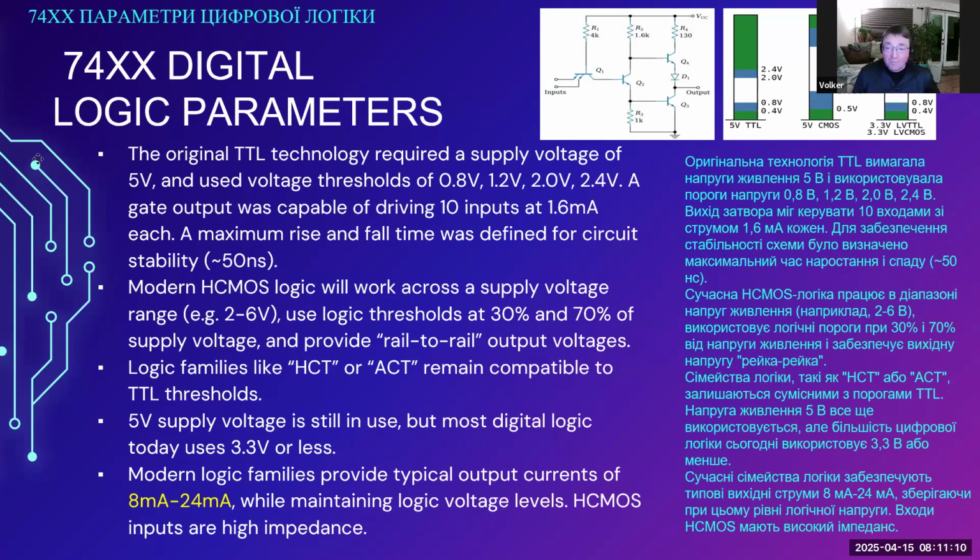So this decision to drive 10 inputs basically is following us up until now, where newer logic families and microcontroller outputs will always be around that value of output current capability. Some more, some less, but it is usually somewhere between 10 and 25 milliamps.